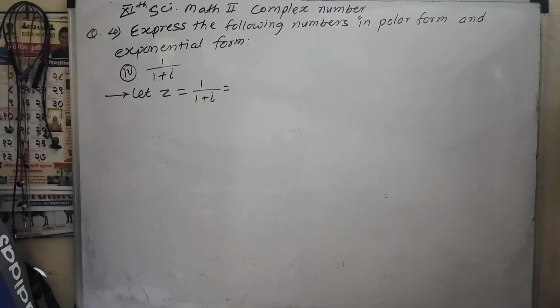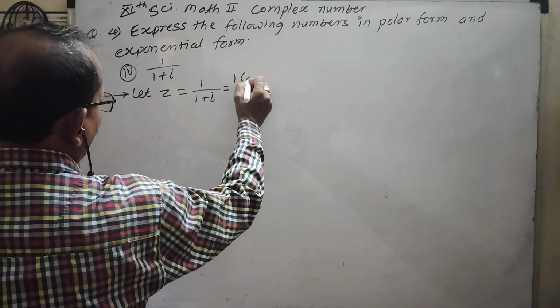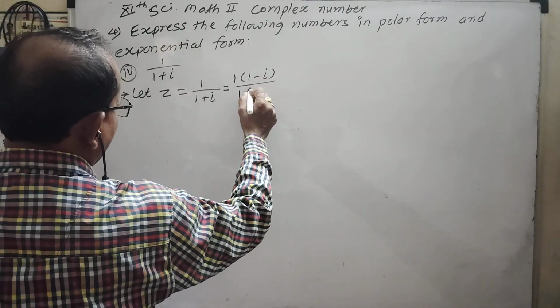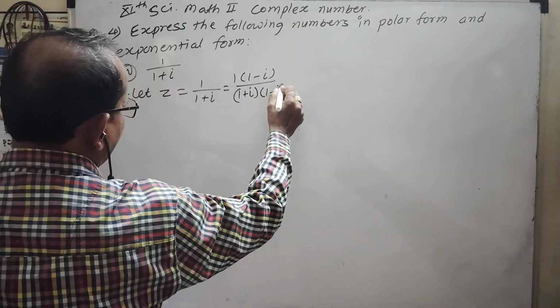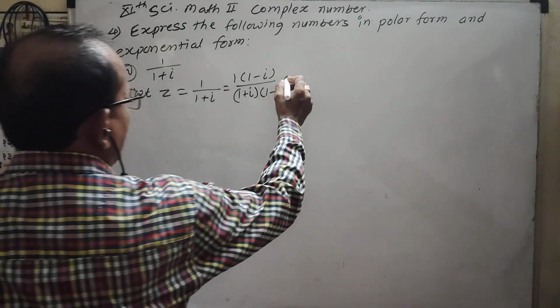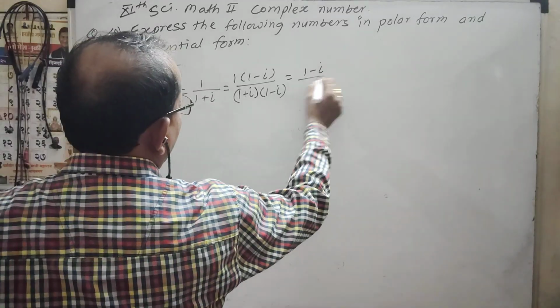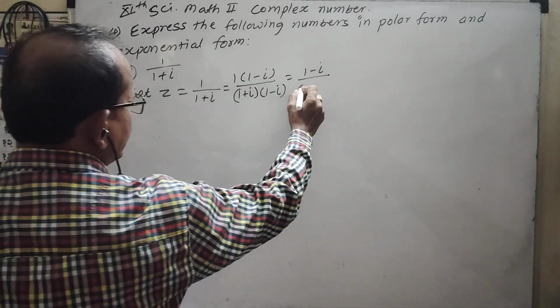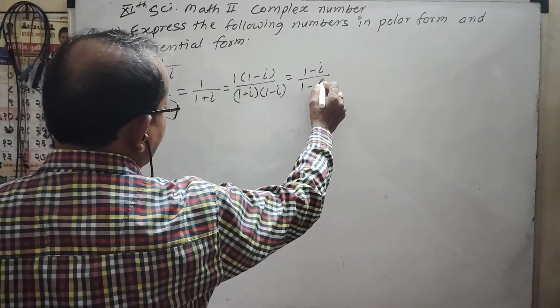Now take the conjugate of the denominator and multiply both numerator and denominator. 1 minus i upon 1 plus i, 1 minus i, which is 1 minus i as numerator, and a plus b, a minus b, which is 1 square minus i square.